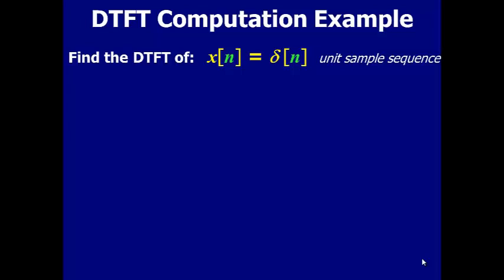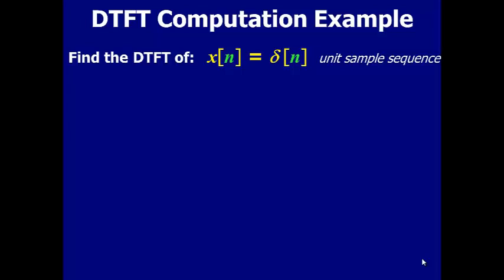So that x of n is delta sub n, a single sample with a 1 at n equals 0. I have one sample with a 1 at n equals 0 and 0 everywhere else. That's as easy a signal as I could possibly have.